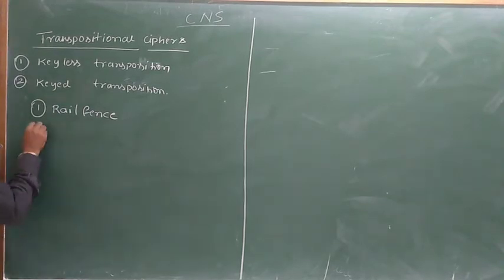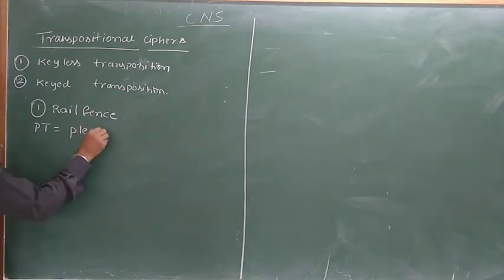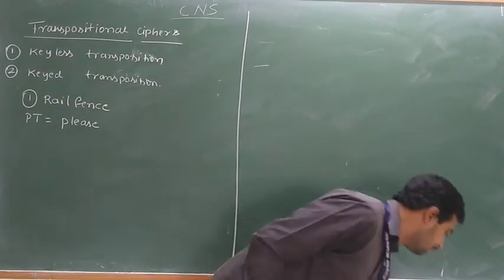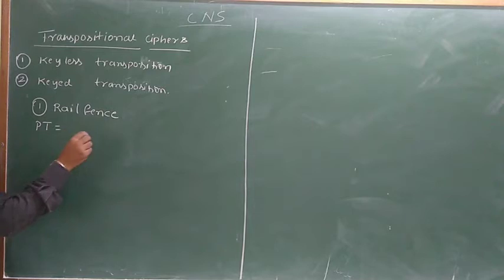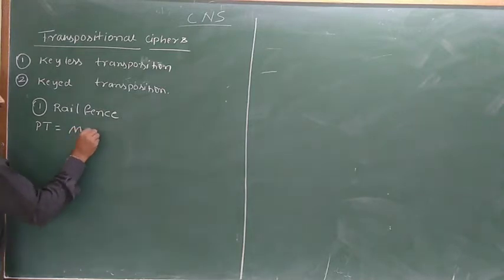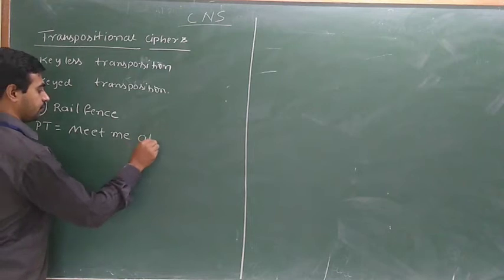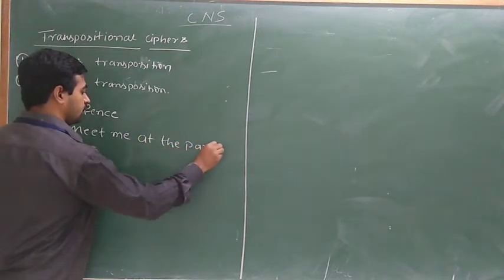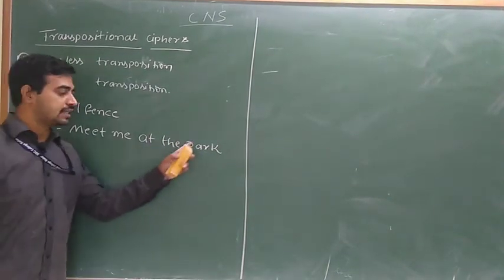Let me take a plain text, which I represent as PT. Let me consider some simple, familiar words and not go for a bigger one. We have one statement here: meet me at the park.